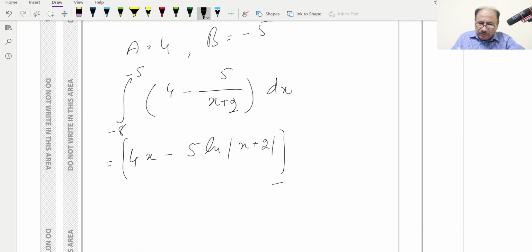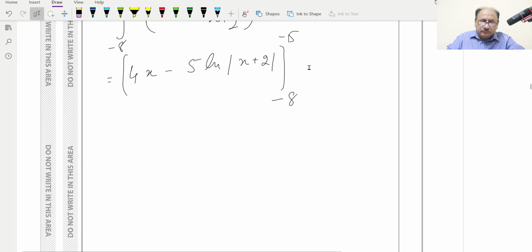We will be writing minus 8 and minus 5, and we put the upper limit first, so minus 5 first.